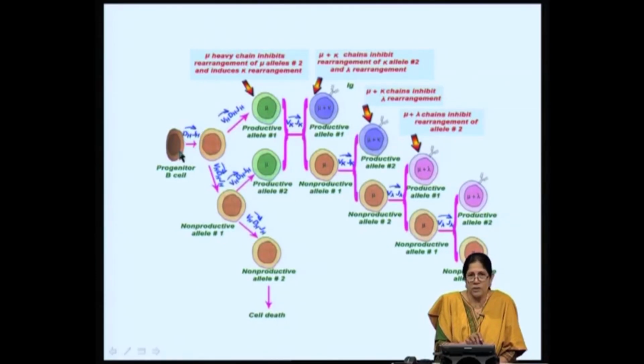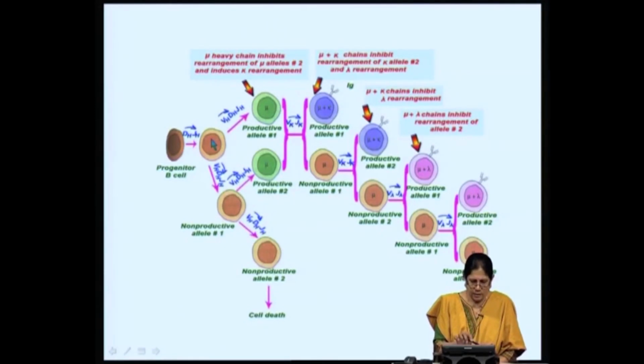Now, the cell has choices. If the DH and JH joining takes place, then the cell would be called productive allele 1. After DH and JH join, they recruit any one of the V, and you have VDJ recombination, that means the heavy chain which is already recombined and can be transcribed.